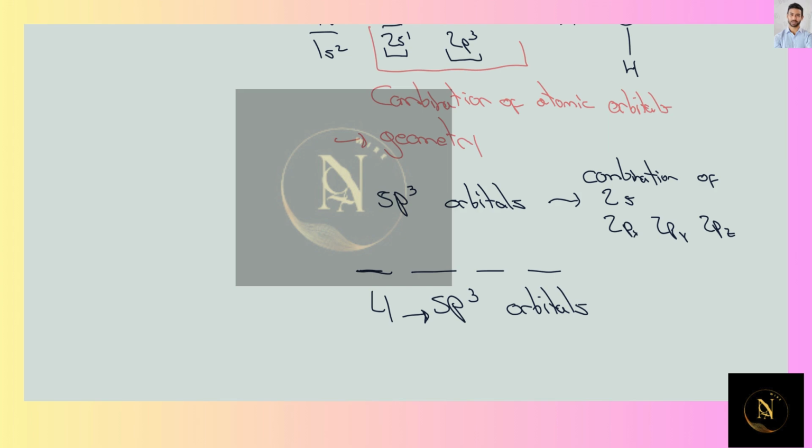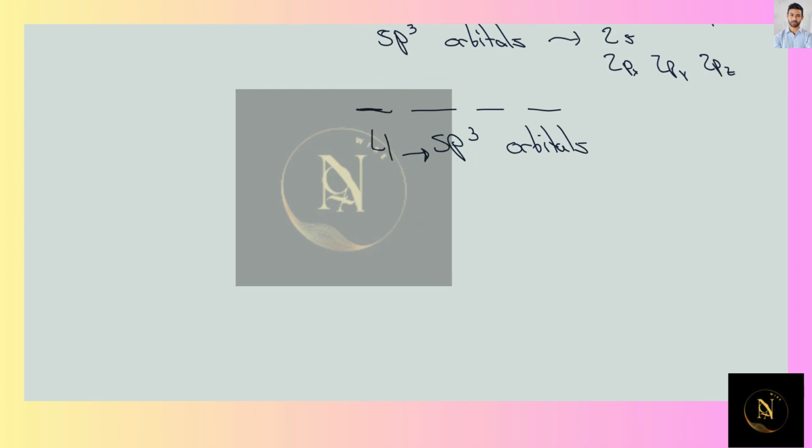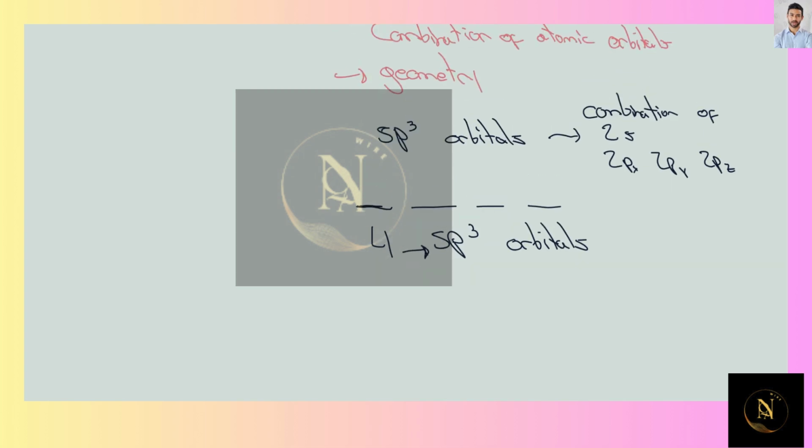Oh, sorry, before we continue, due to the geometry that we're going to have, the angle in between all of them is going to be of 109.7 degrees, corresponding to that of a tetrahedral, or 109.5 degrees, something around that.